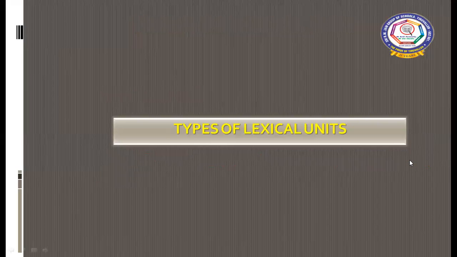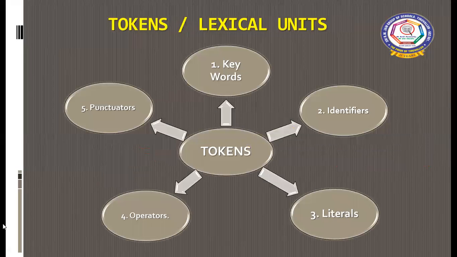There are different types of lexical units. The first one is the keyword. Keywords are nothing but reserved words, used for a generic purpose. Identifiers are the names given to a variable. Literals are nothing but constants. Operators are what you use to form an expression.